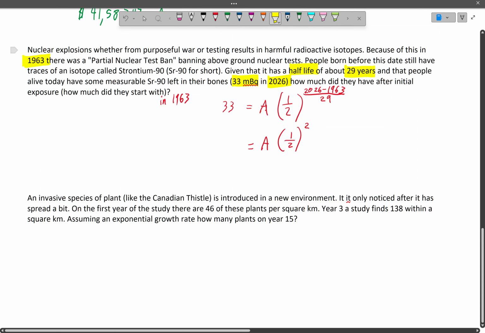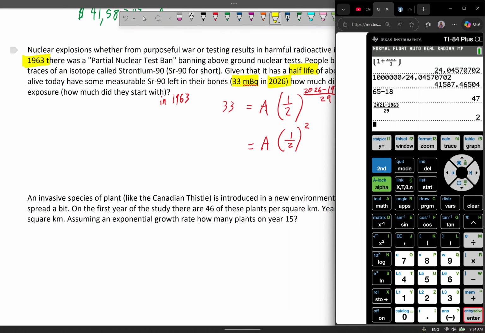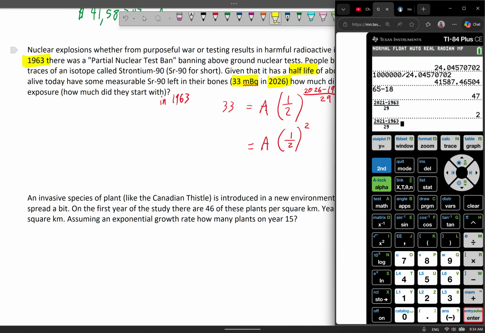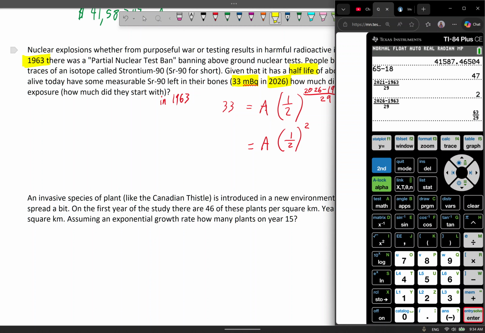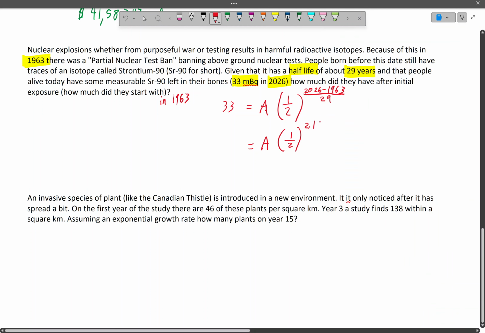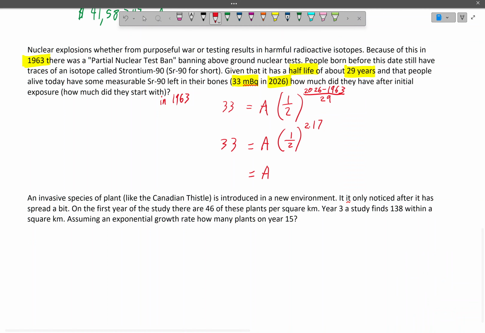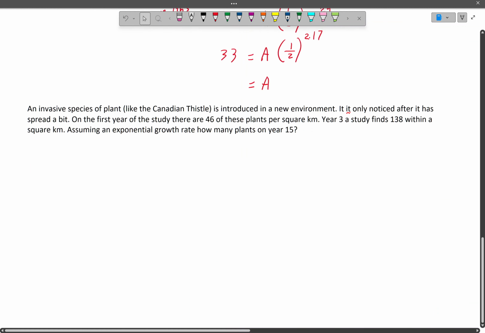Okay, so if we do that, it's going to be 2 point something. 2.17. All right, and if we want to find the initial amount, we just have to divide by that.